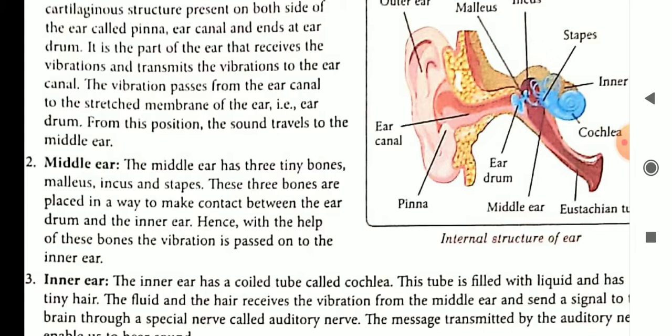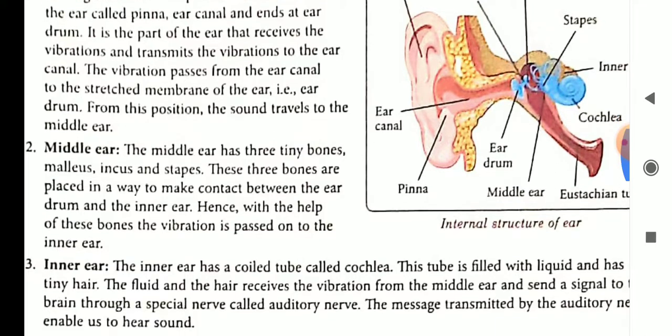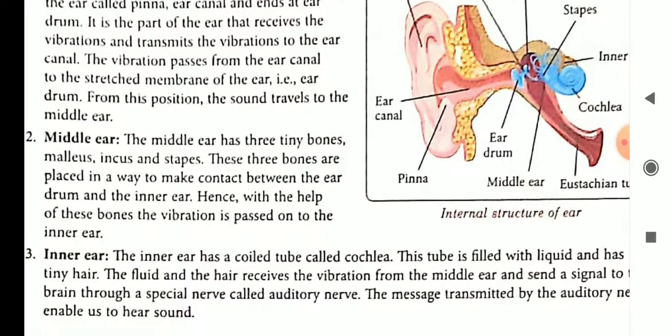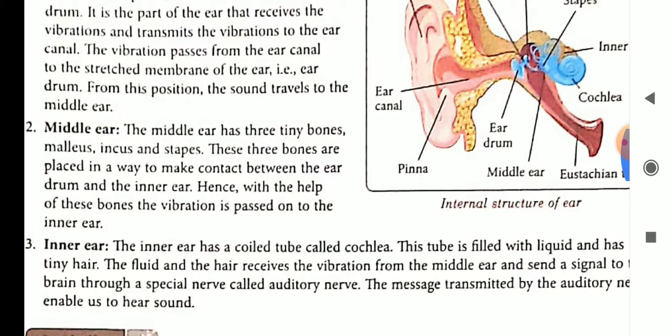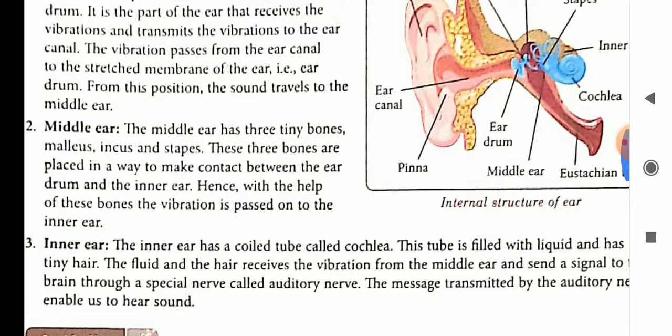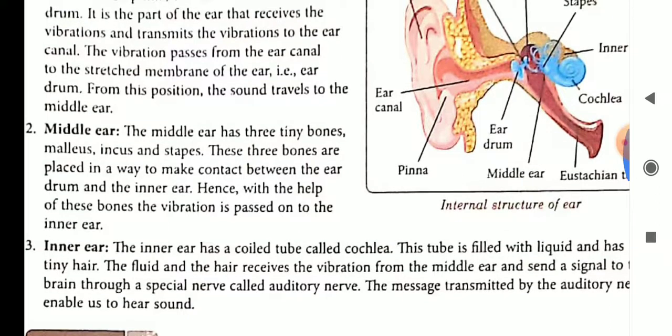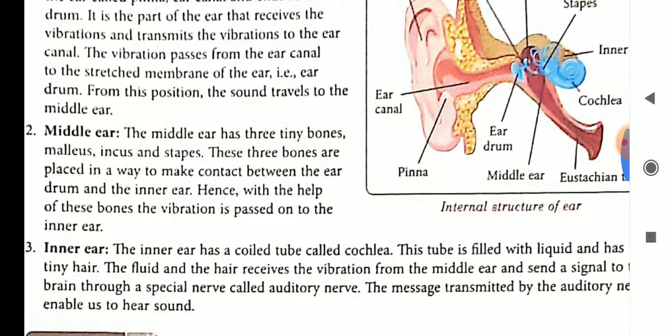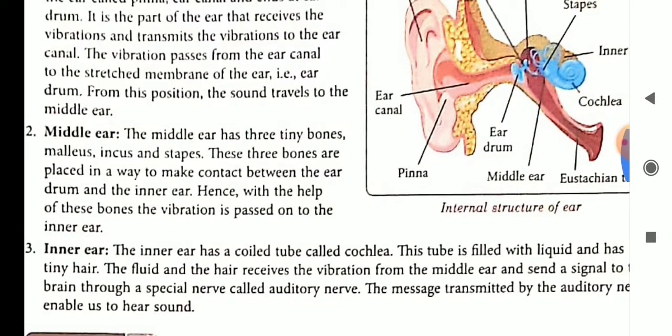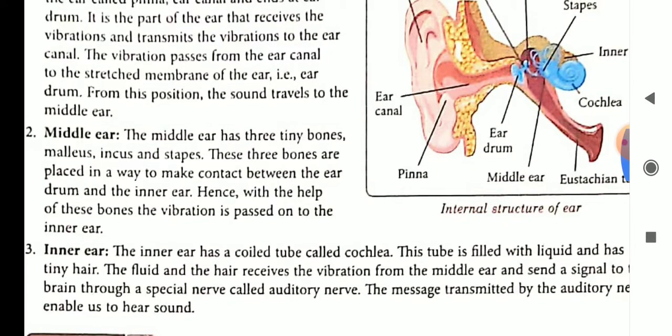One end of the hammer or malleus touches the eardrum, and its other end is connected to the second bone called anvil or incus, and then the other end of the incus is connected to the third bone, known as stapes or stirrup, and the free end of the stapes touches the membrane over the oval window, which leads to the cochlea.